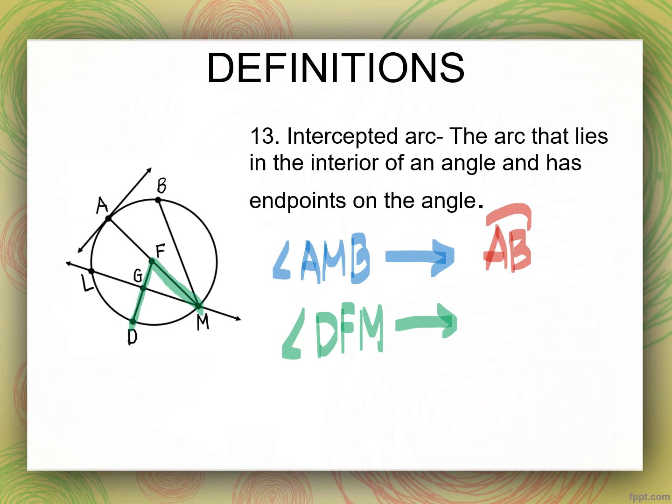Okay, so here we have, of course, arc DM. Okay, you can simply identify it by checking the name of the angle. So if you have AMB, the first and the last letter will be the name of the arc, since it is the endpoints of the angle. Okay, like this. See, AB, DM, like that.